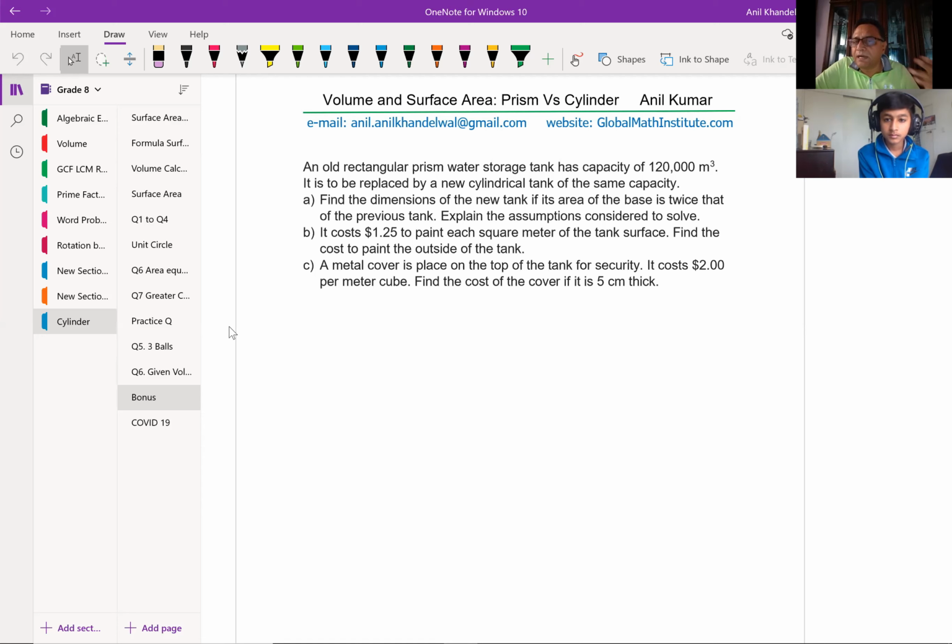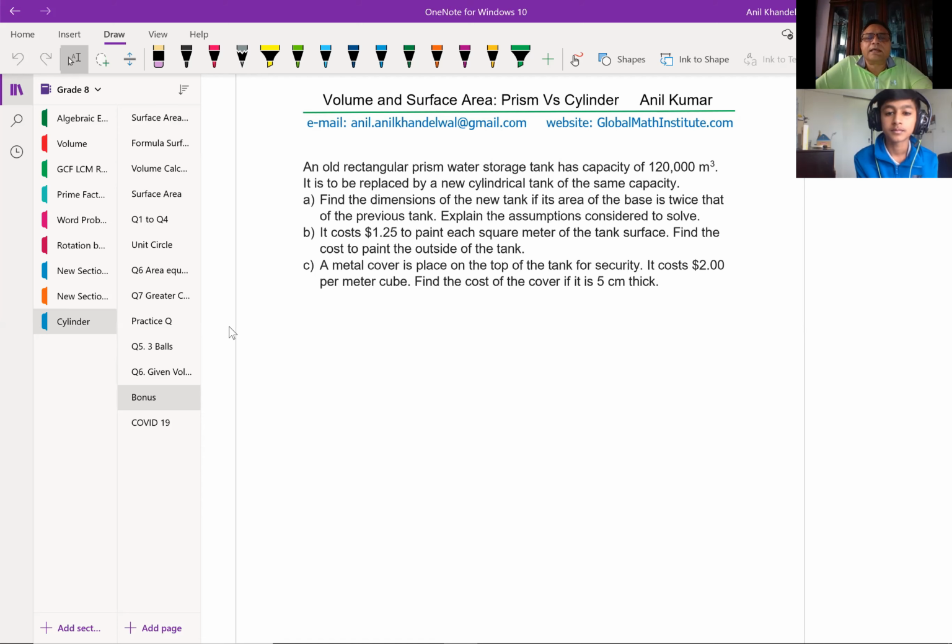And to optimize a prism, especially a rectangular prism, we need to have all those dimensions same. And it is a cube which gives you the maximum volume for the same surface area. Is that clear?